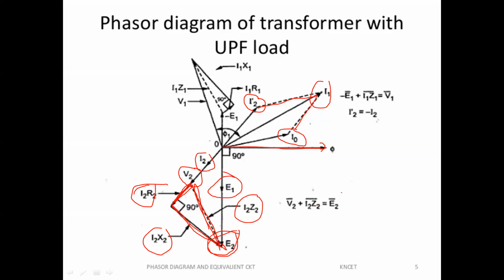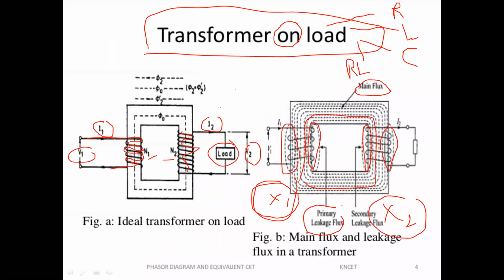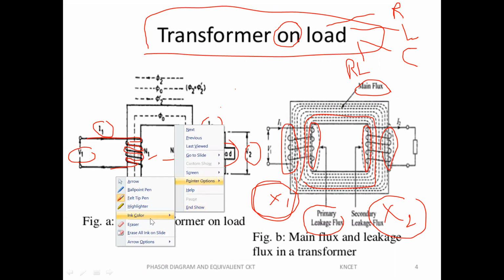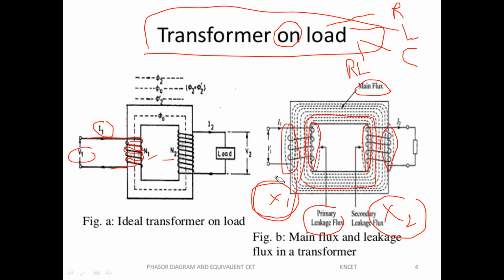So terminal secondary voltage plus impedance drop gives the induced EMF on the secondary side, because on the secondary side E2 is the source. Impedance voltage drop plus terminal voltage equals E2. E2 is the source that I will show here. That means EMF is induced on the secondary side here.